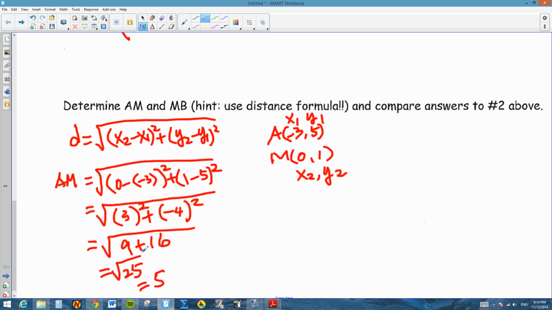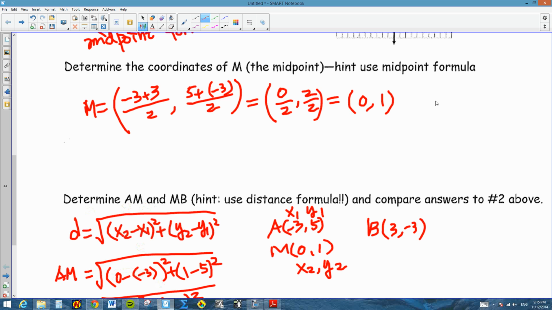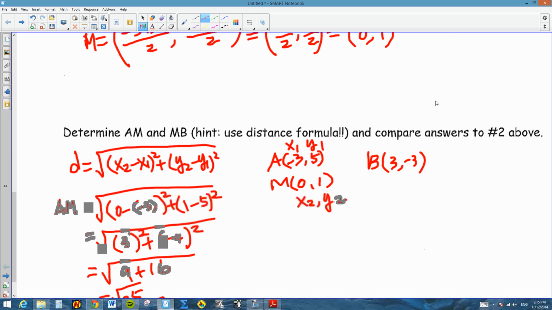So AN is 5. So what about BN? My B is 3, -3. Go back to C. So now this is my new x1, y1.